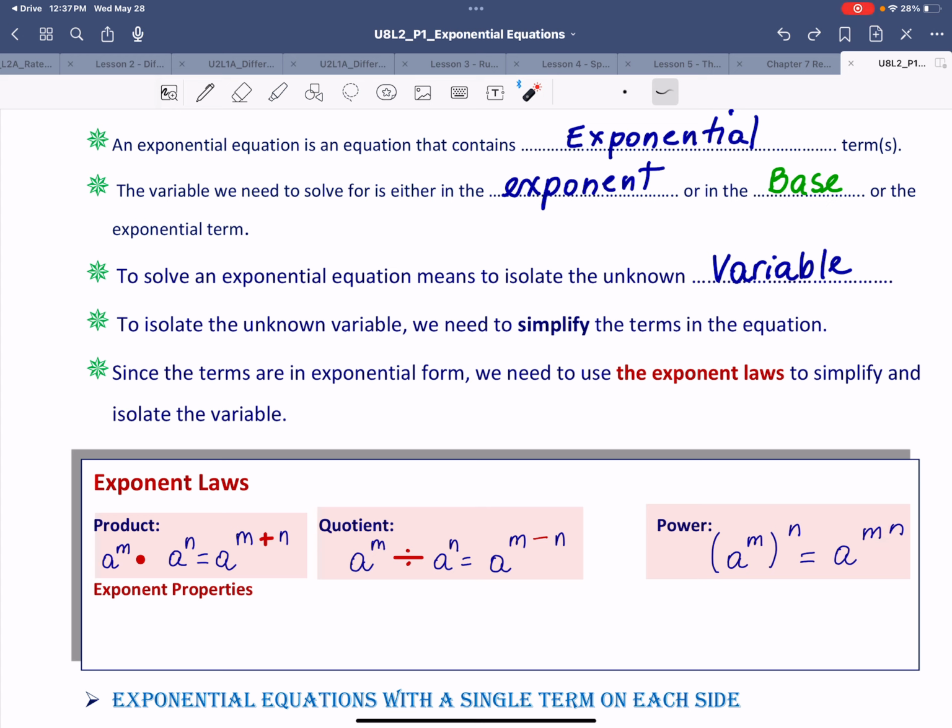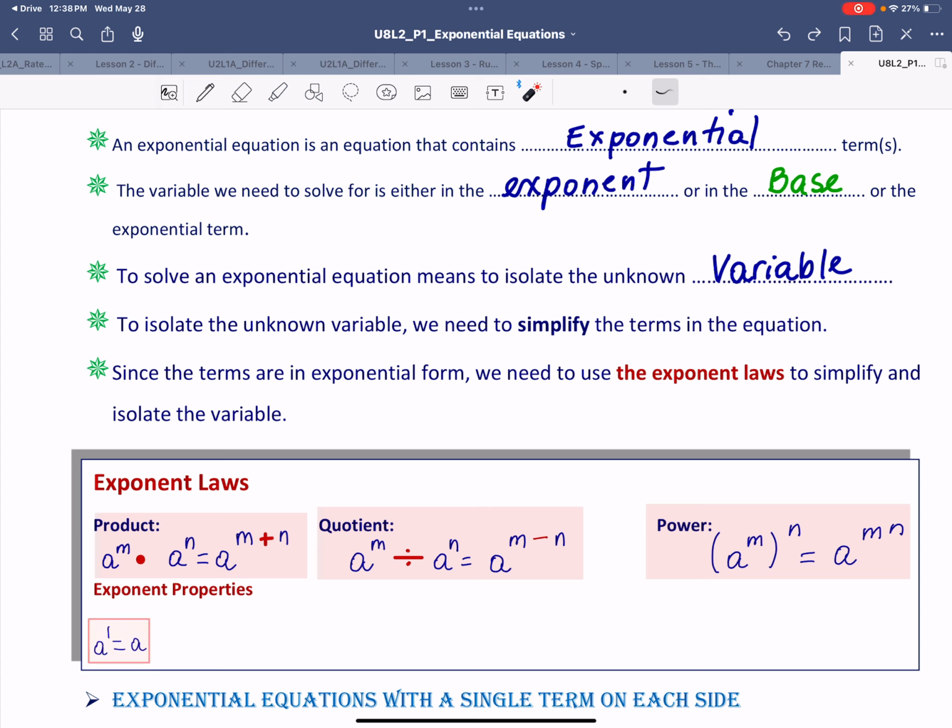Now, there are only three exponent laws, but there are many exponent properties, we call them, that we use in simplifying exponential expressions. And all properties are derived from the three exponent laws. So I'm going to make a list as comprehensive as possible here.